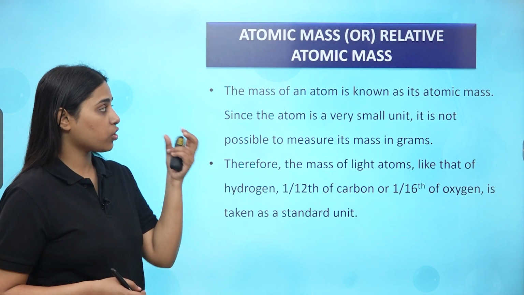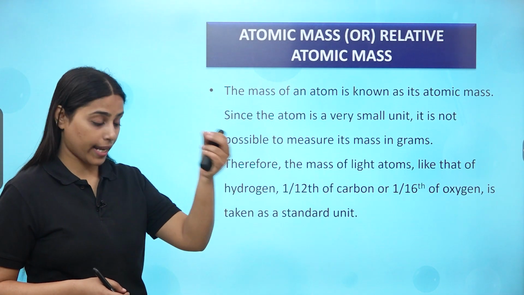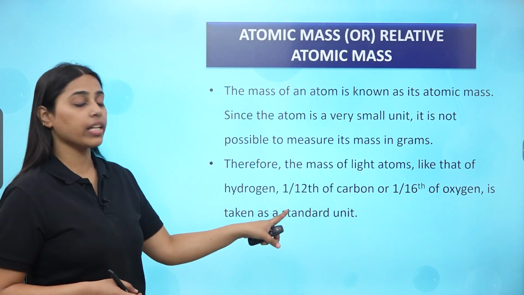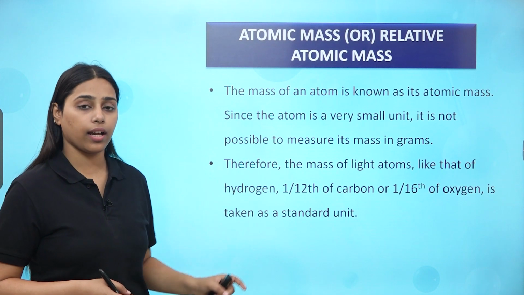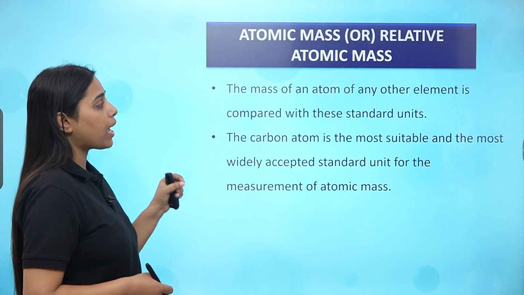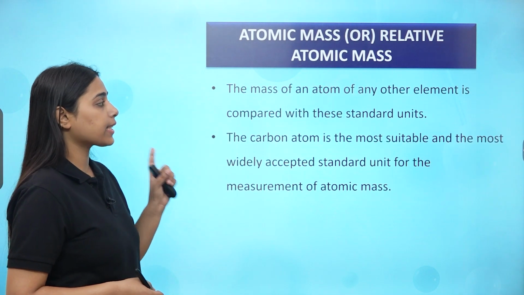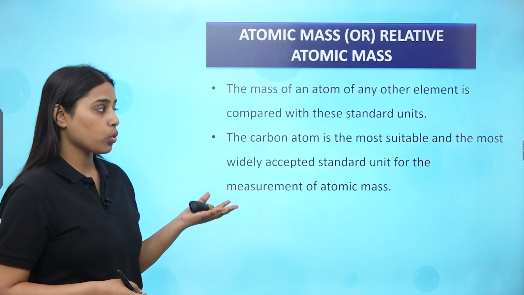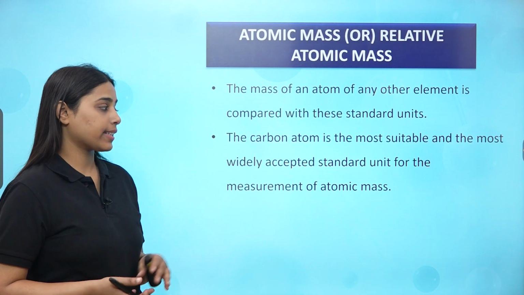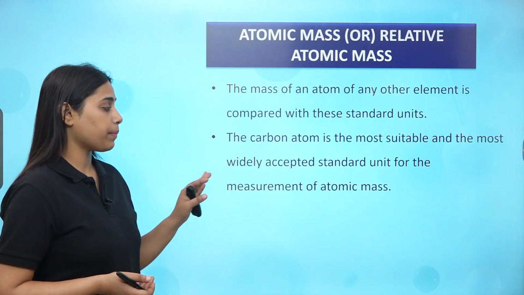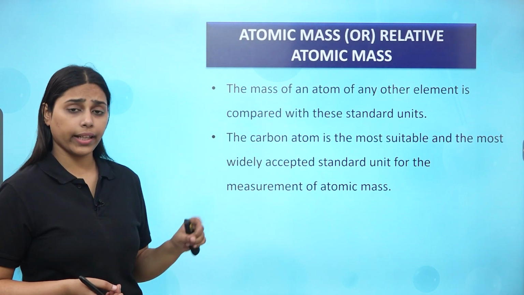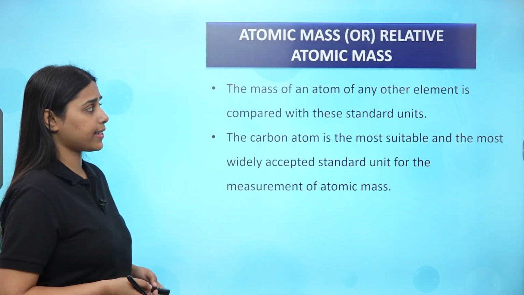That is, how much heavier any unknown atom whose mass you are calculating is compared to 1/12 part of the carbon atom. Mass of an atom of any other element is compared with these standard units. Carbon atom is the most suitable and most widely accepted standard unit for the measurement of atomic mass. So that is why the masses known today are measured in terms of this standard.